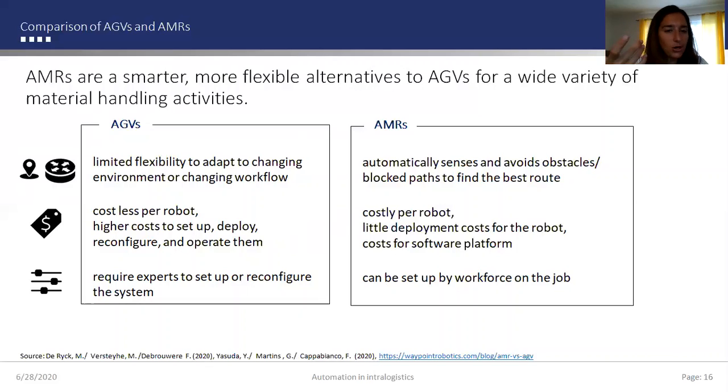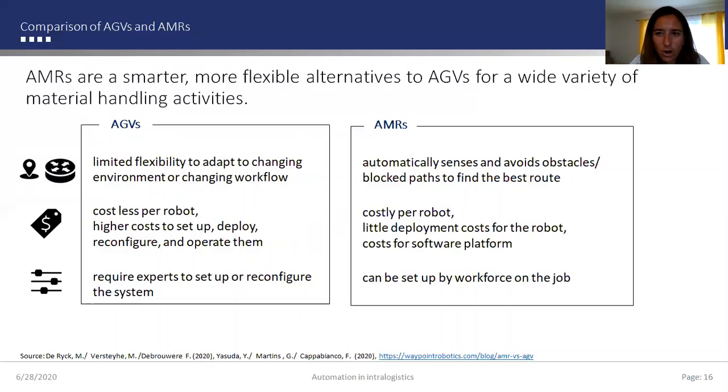It makes some noise, maybe, but it won't move until you remove the stuff on the floor. The AMR recognizes that there is something on the route, that the best route is blocked, so it will automatically move around.